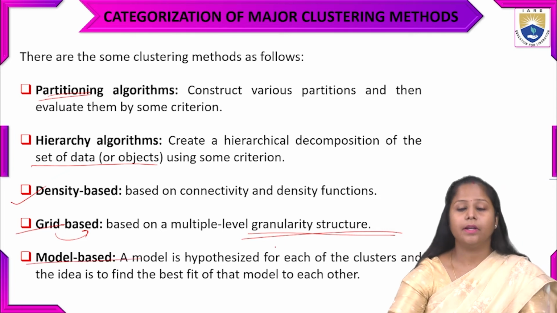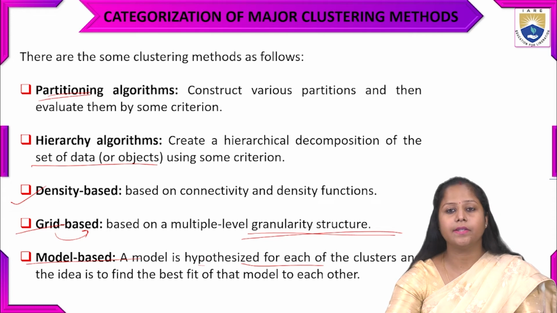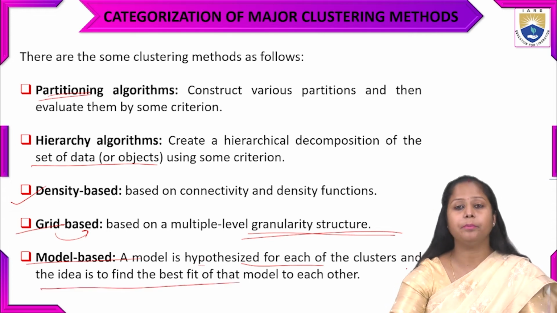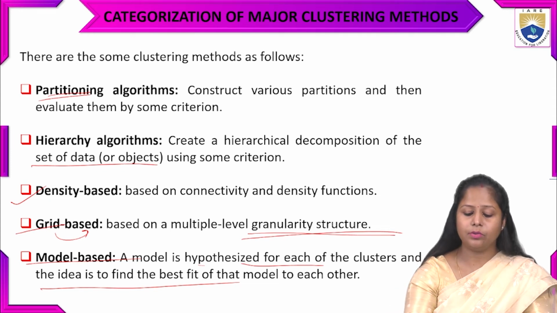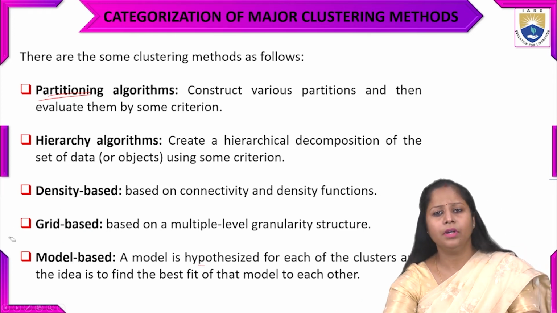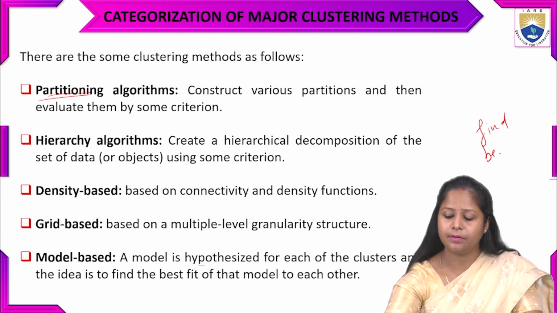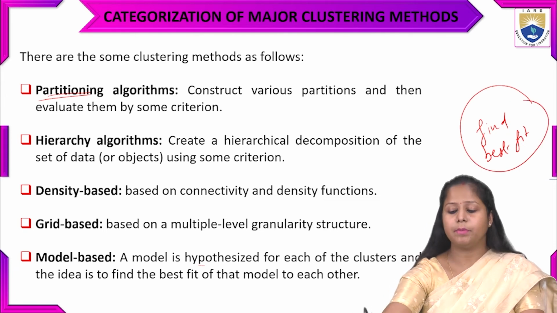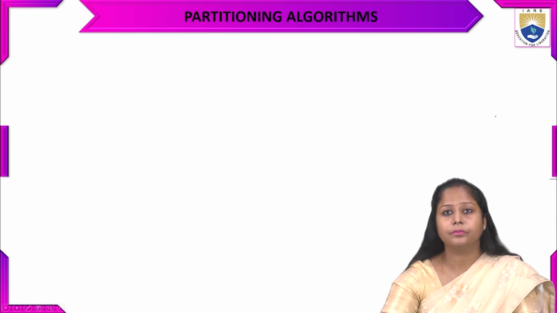In model based methods, a model is hypothesized for each of the clusters, and then the idea is to find the best fit of the model to each cluster. So in this, we need to assume the model and then find the best fit from the model. So that is the model based method for clustering.